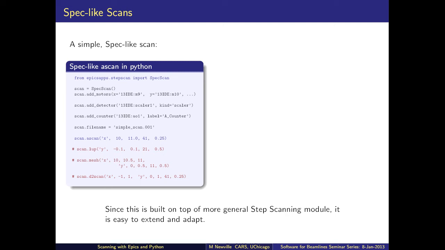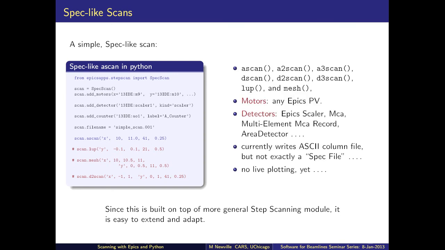But there is a method ascan where you declare a motor, tell it that is X, and then you would do ascan X from 10 to 11 with 41 points and a dwell time of 0.25 seconds. And there's a lup and a mesh and so on. These are actually easy to build based on these kinds of step scans. So here a motor is any EPICS PV, and a detector is the ones that I've described a little bit.